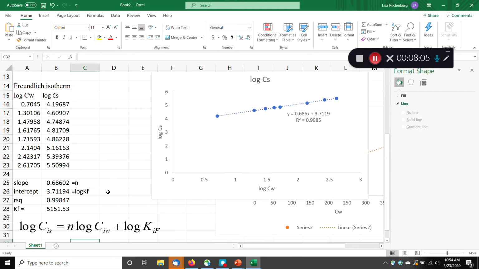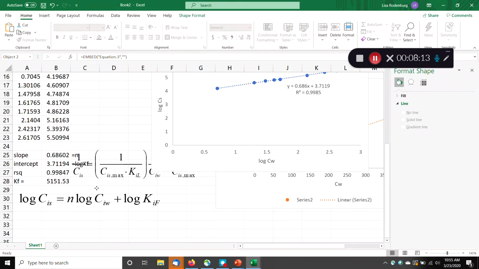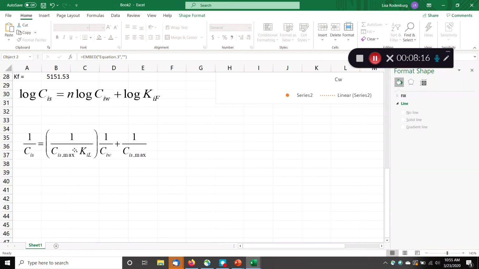All right, so let's say now I want to do the same thing for the Langmuir equation. To linearize it, I do this: 1 over CS and 1 over CW. Then this will be my slope, and this will be my intercept.